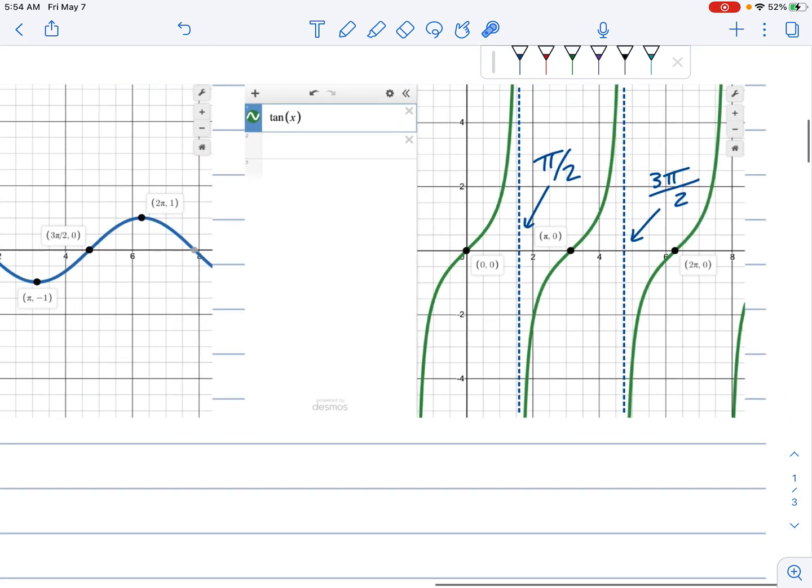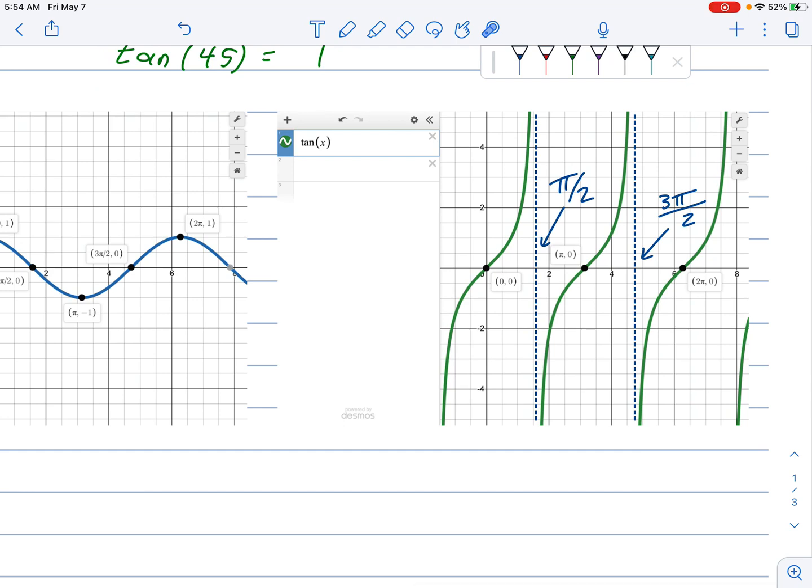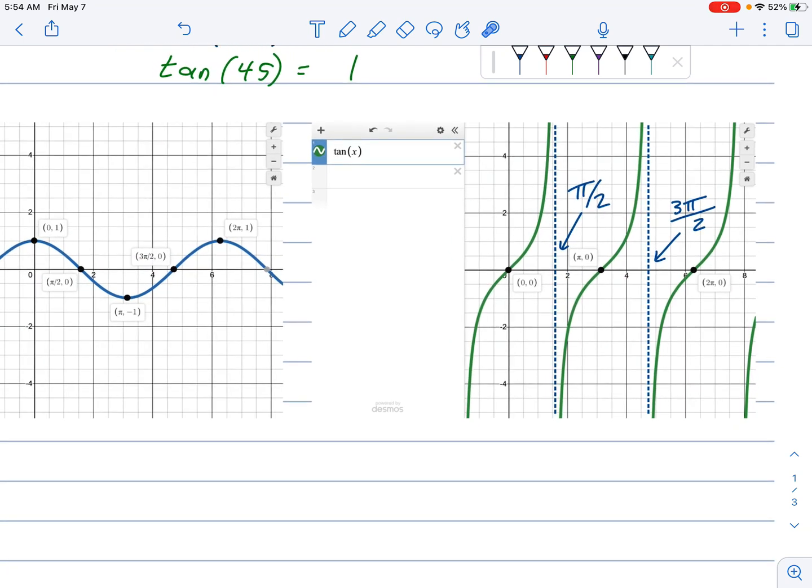I graphed tangent. I didn't ask you to. We're just taking a look at tangent. I wrote down where the pi over 2 and pi and all this stuff comes in: 0, pi, 2 pi. How come this says pi over 2 and 3 pi over 2? Well, if we look at them side by side, because we know that sine over cosine is equal to tangent, whenever cosine hits 0, sine divided by 0 can't happen.